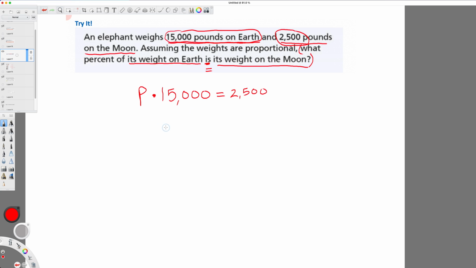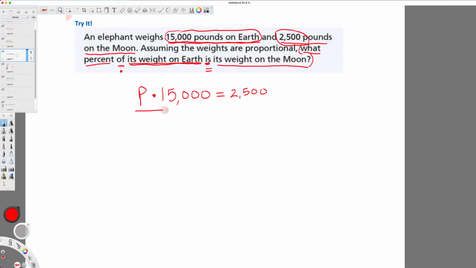So the question "what percent of" is the times sign, whatever comes after the "of" always goes right here, and then the "is" is the equals, and its weight on the moon goes over here.